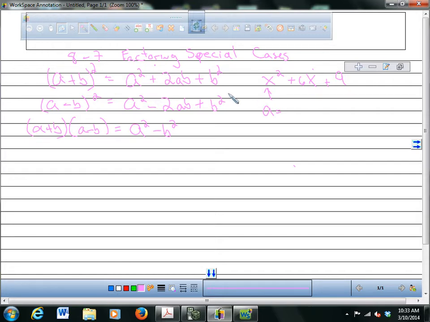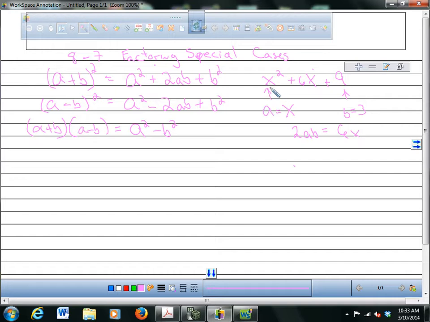What times what gives you x squared? X. And what times what gives you 9? 3. So b equals 3. What's 2 times x times 3? What's 2ab in this case? It's 6x. So this is a particular one.